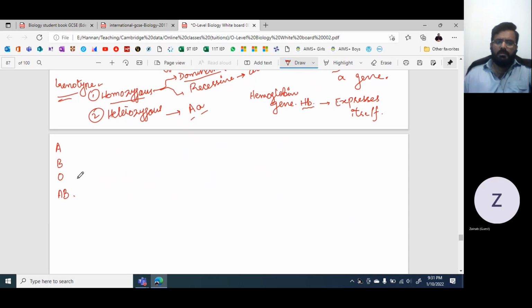And I think that Asian people, not only Pakistani people, have these four types of blood groups. It means if I have the blood group A gene, then it would be creating the A blood group.